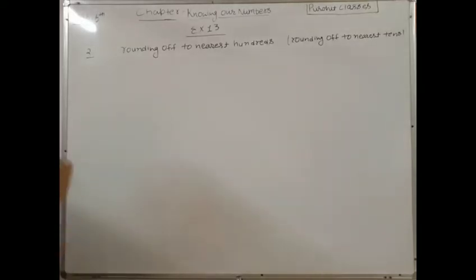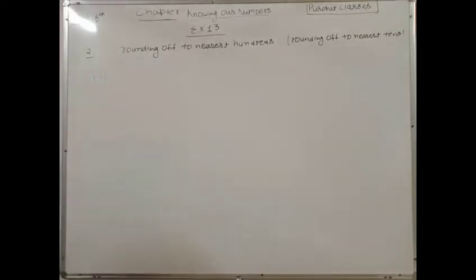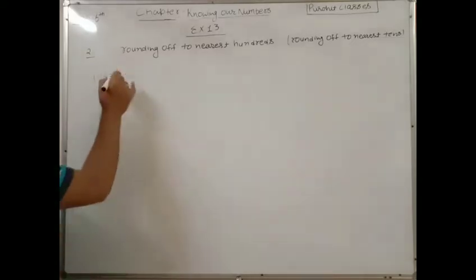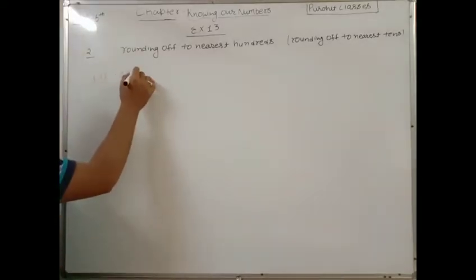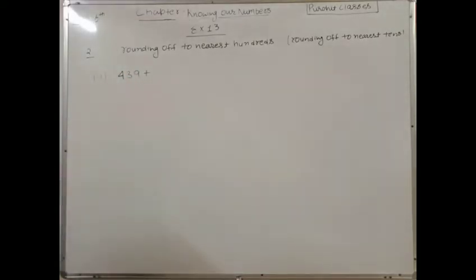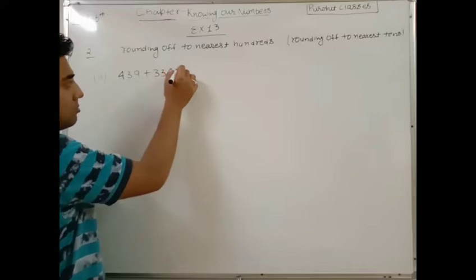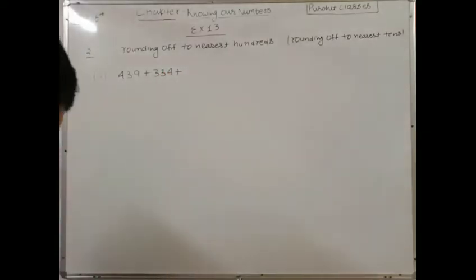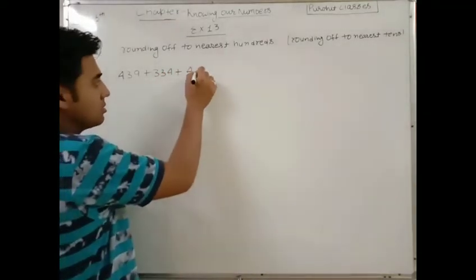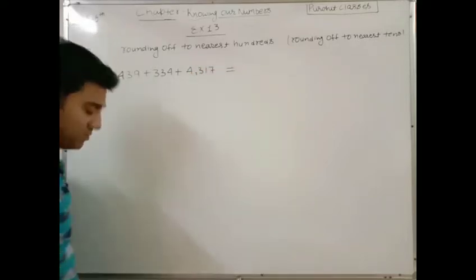The first one, the A part, is 439 plus 334 plus 4317, and I have made the sign of equality here. Why?